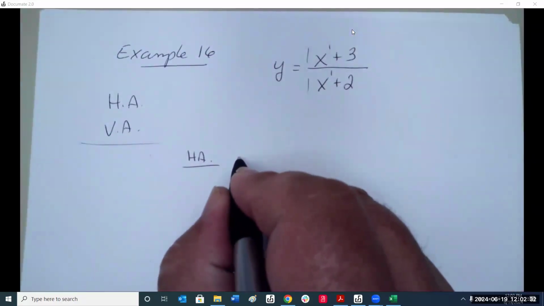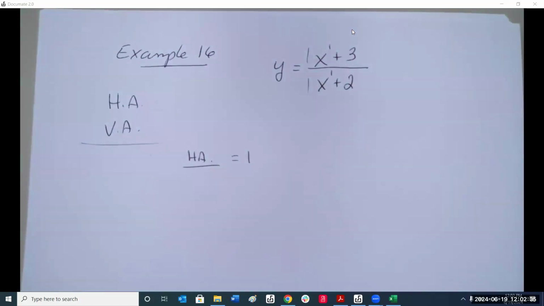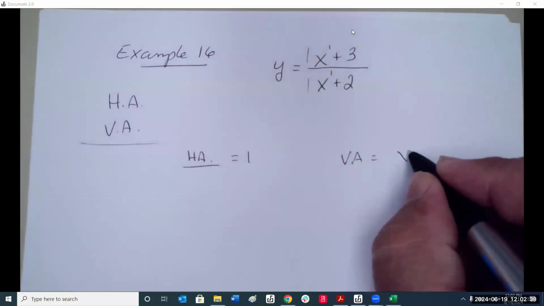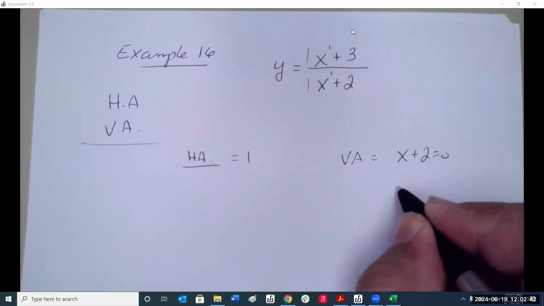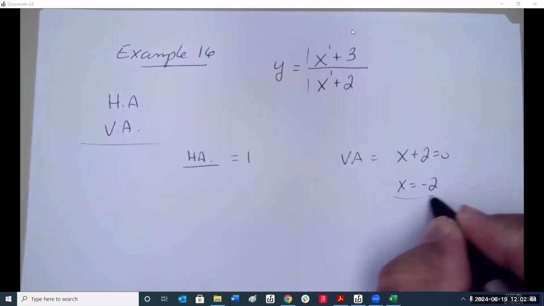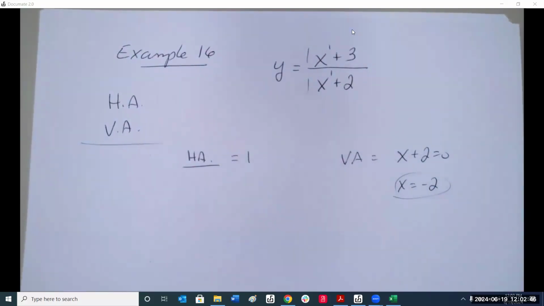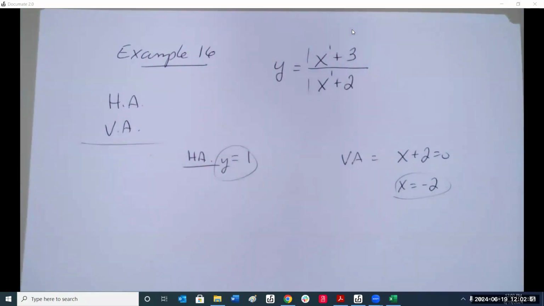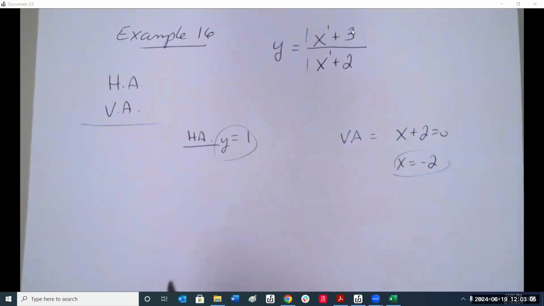So the horizontal asymptote is 1. The vertical asymptote is where the bottom is equal to 0. Okay, this one is y equals 1. That's not wrong, but it's not calculus. These are absolutely right, because that's all the computer will take, the right answers. So no problem. Let me show you how we would do it in calculus.